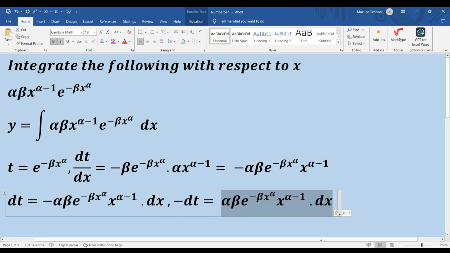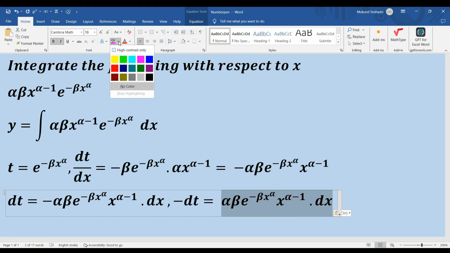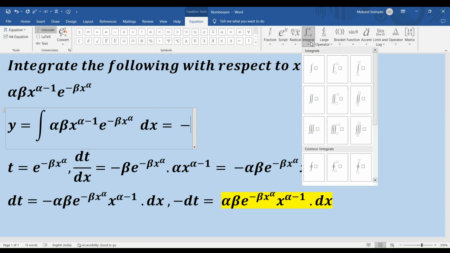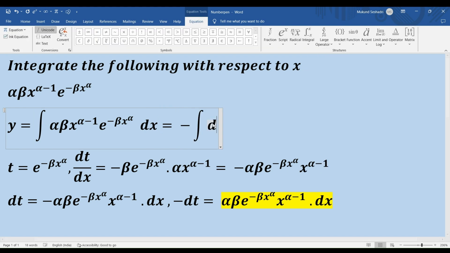Now let me highlight this in yellow. And what I have inside my y is also the same as what I have in the expression highlighted just now in yellow, right? And what is that? It is nothing but a minus of dt, right? So I have minus integral of dt, which is nothing but minus t plus c, right?